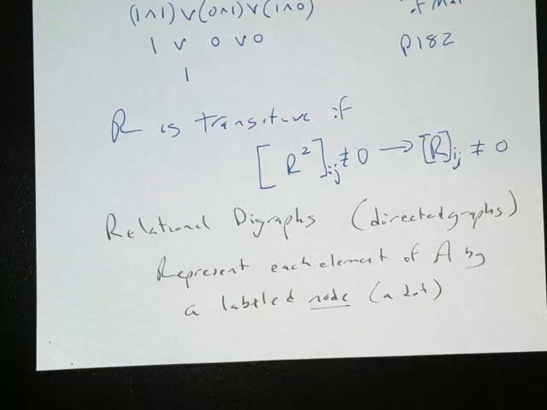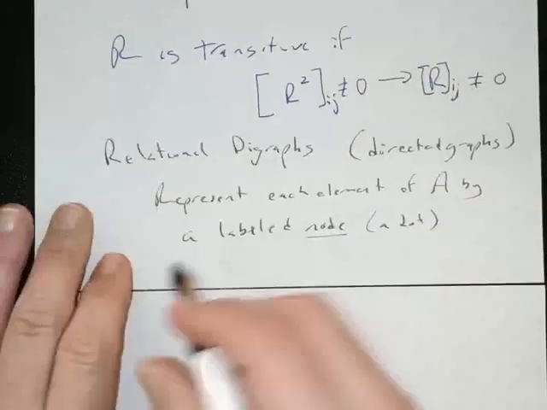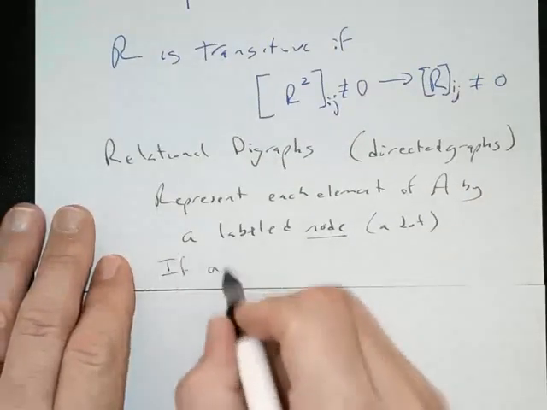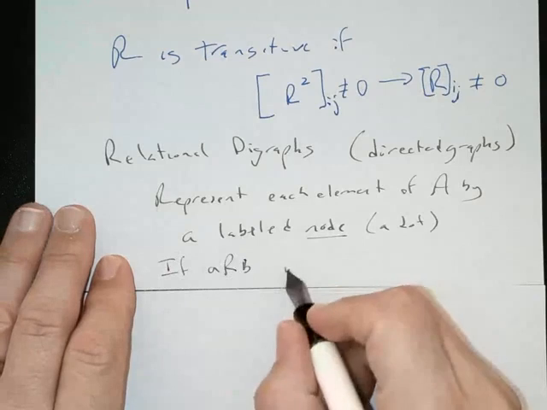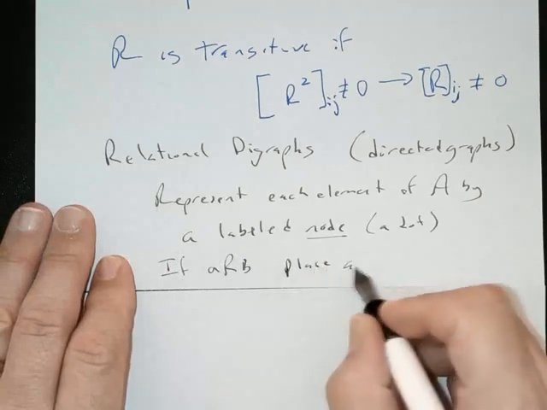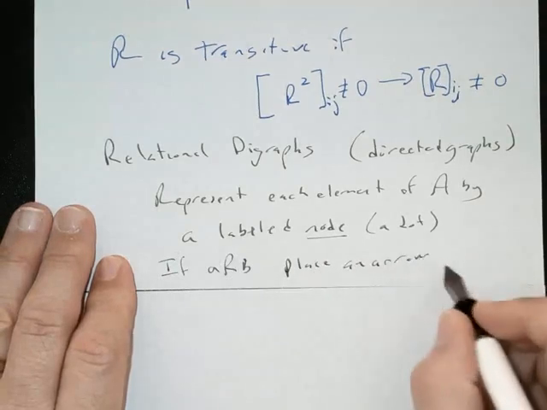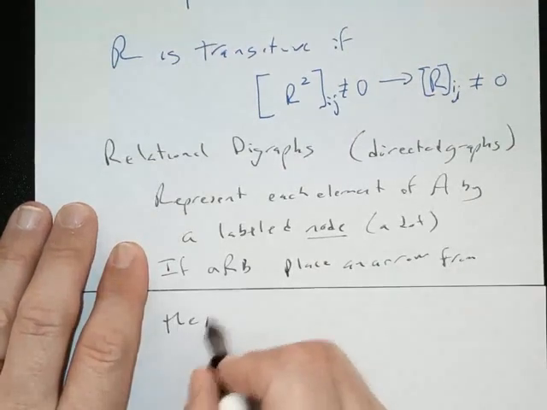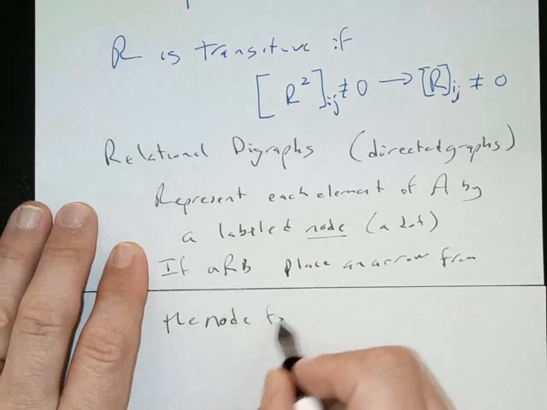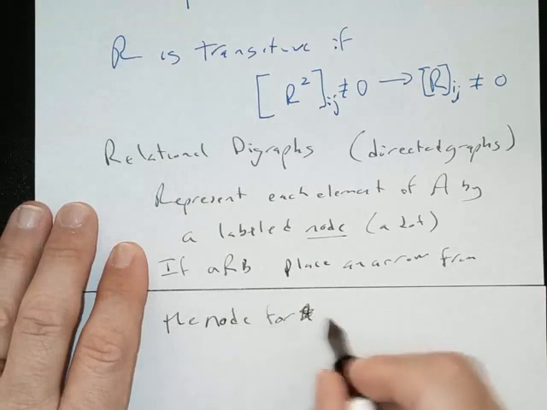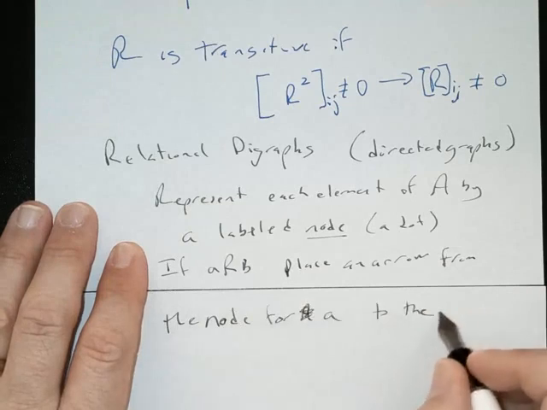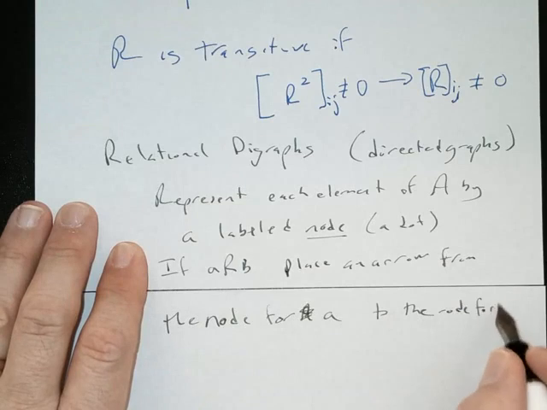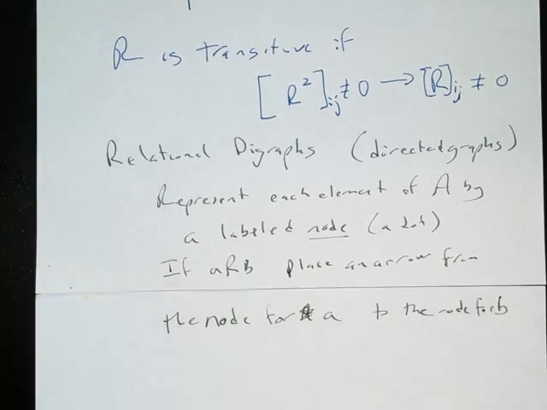So each element in my set becomes a node, a dot with a label on it. And then, if A is related to B, place an arrow from the node for A to the node for B.